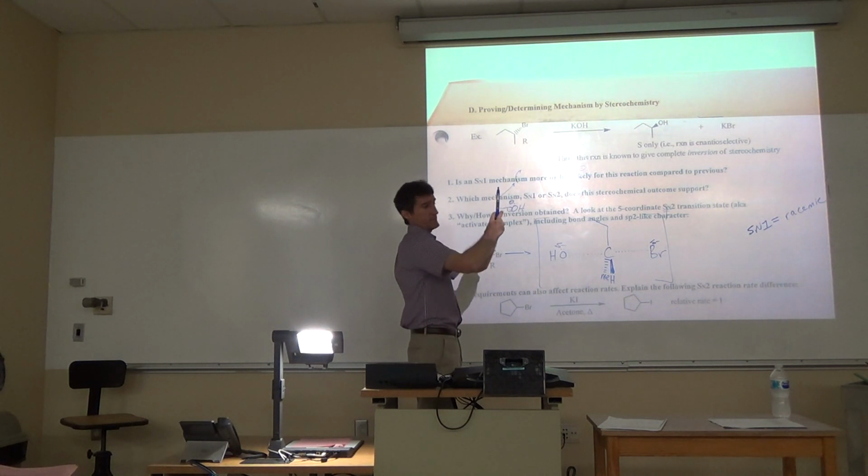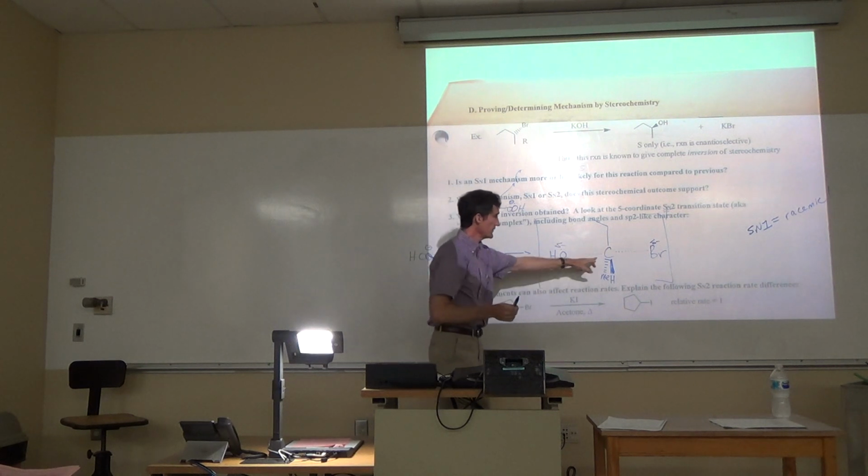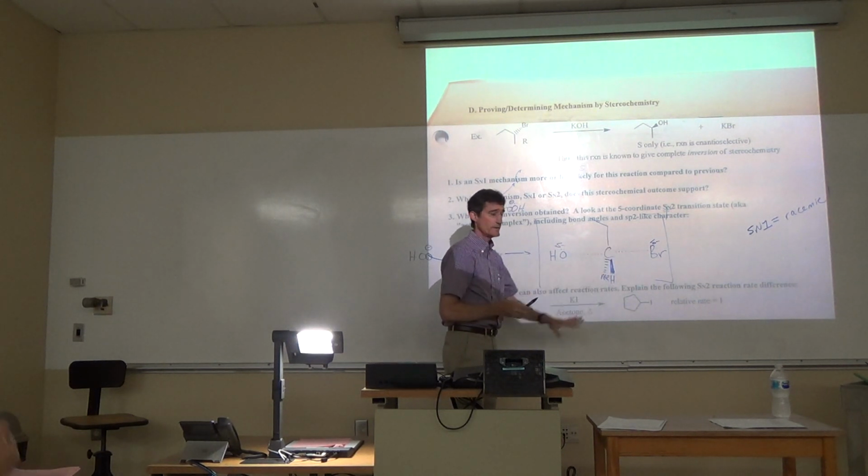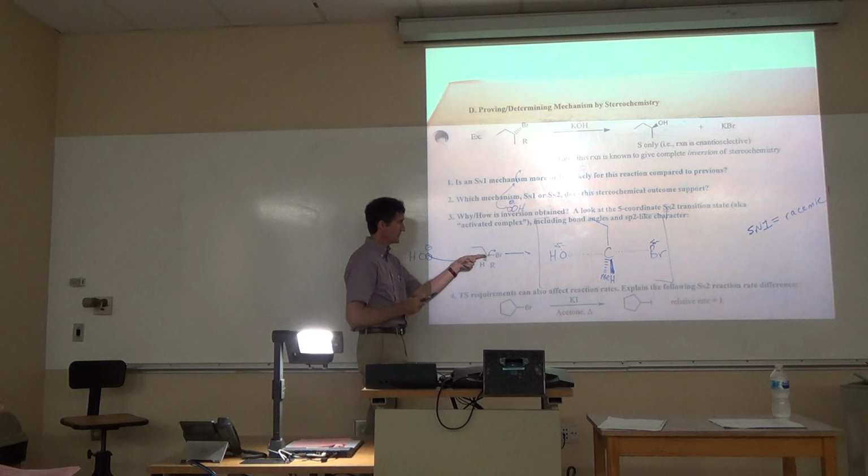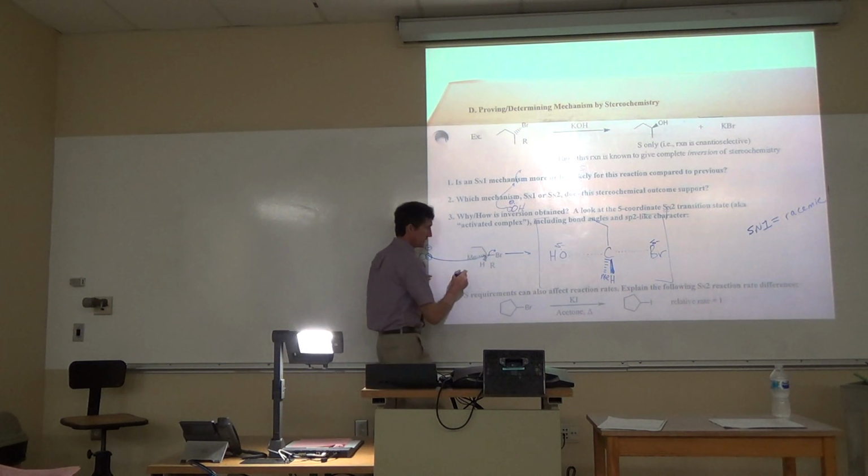What's the bond angle between the pin and the arm? It's 120. What type of hybridization does this look like for this carbon? sp2. Yes, but what was the hybridization over here? sp3.